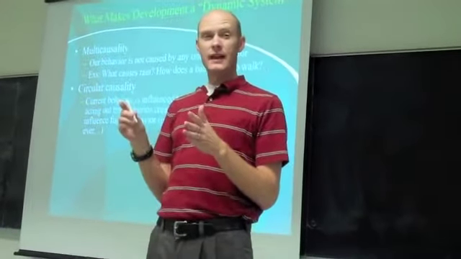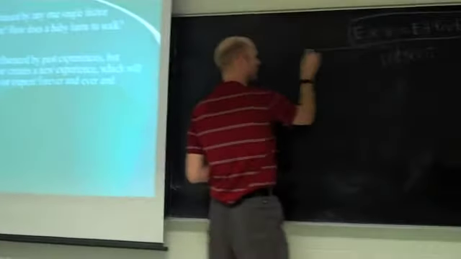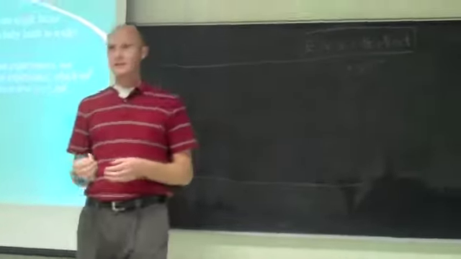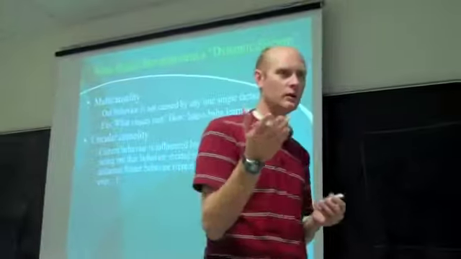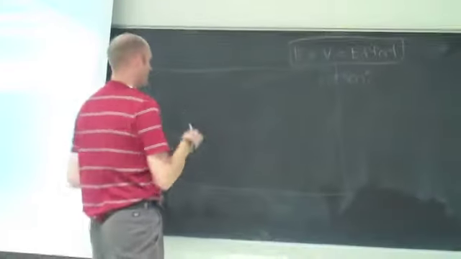The problem with that is it doesn't take into account any of this past. And you've got a big chunk of past experiences that guide your expectancy, right? So if you expect to be successful, usually it's because you've been successful in the past with it, right? Like if you're expecting to be successful in school, it's probably because you've had success in the past. And value would be the same thing.